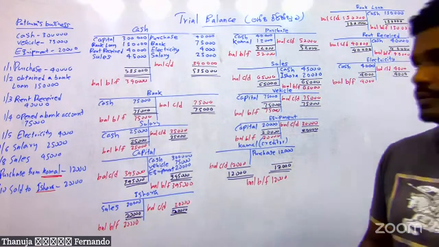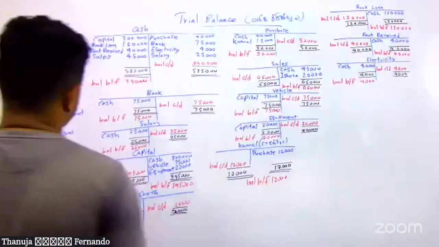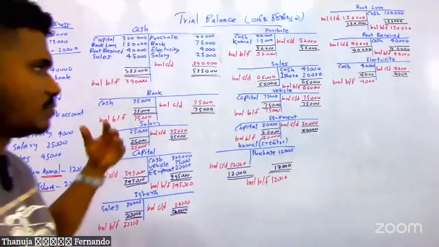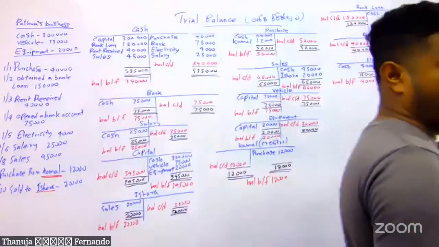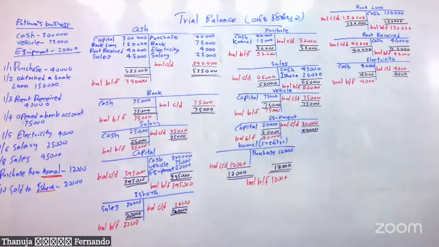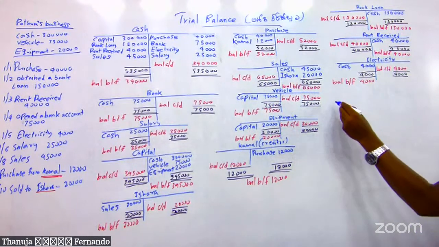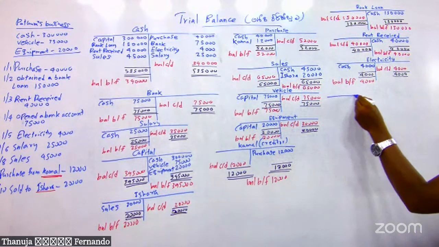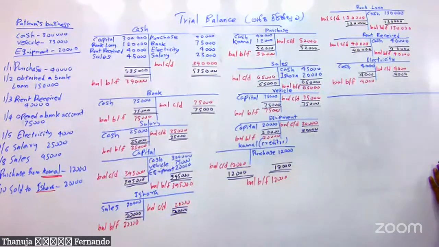Now we have recorded these transactions into ledger, prime entry books and both ledger accounts, right? And now we are going to prepare the trial balance, right? This is how we prepare the trial balance.